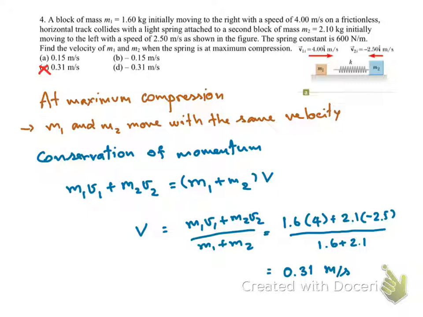So there is no gravitational potential. There is potential, which is the elastic potential, but there is no gravitational potential because M1 and M2 move on the horizontal plane. So it means that the gravitational potential is a constant. We don't have to worry about the gravitational potential in this case.